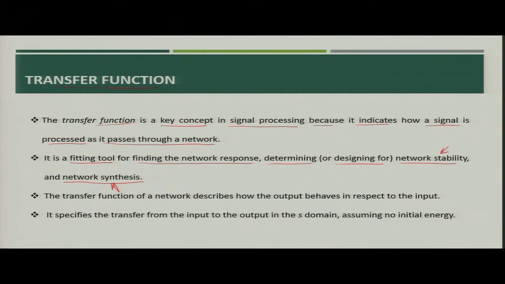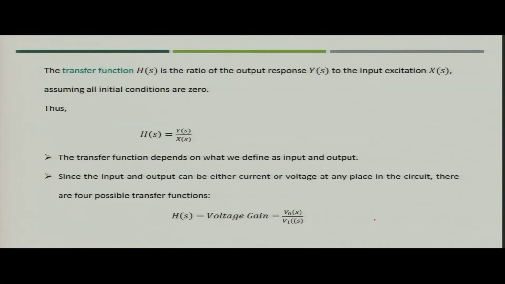Now, the transfer function of the network describes how the output behaves with respect to a particular input, as we will see in the next slide. It specifies the transfer from input to output in S domain, assuming no initial energy. So, how do we define the transfer function?